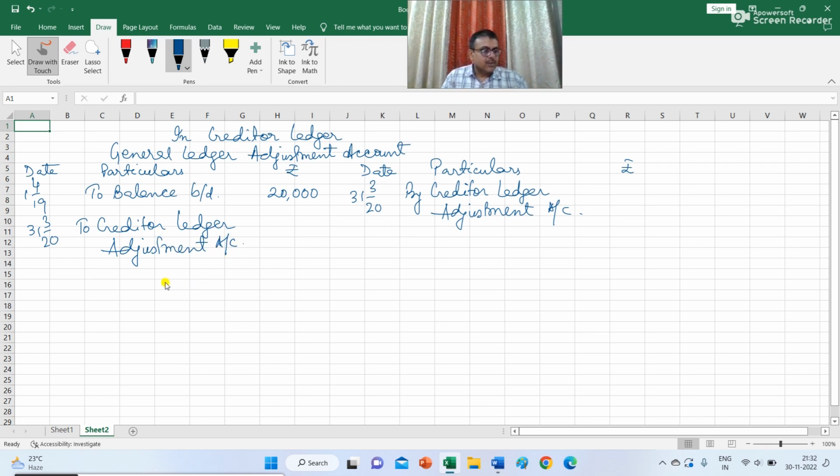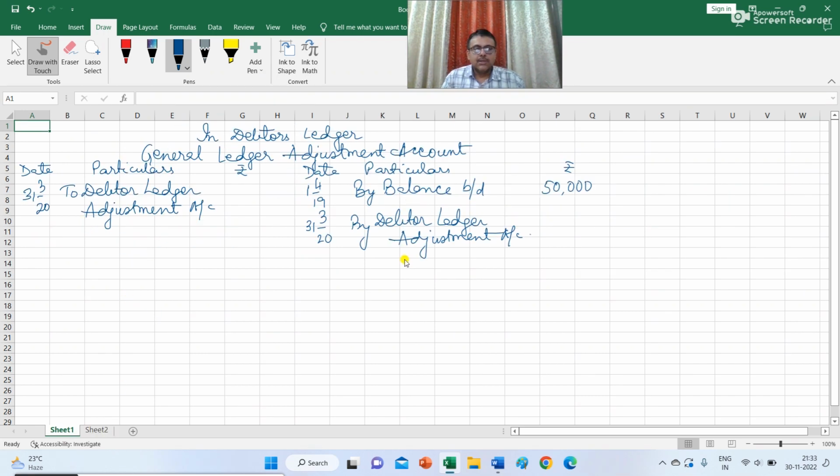Now, the next transaction, as given in the question, the transactions during the year 2019-20. First item is cash sales, rupees 3,60,000, and it is 40% of the total sales. So regarding the credit sales that we have to record here, your journal entry is debtor ledger adjustment account debit to general ledger adjustment account.